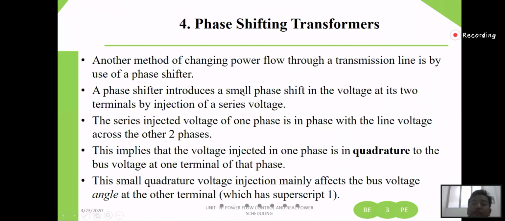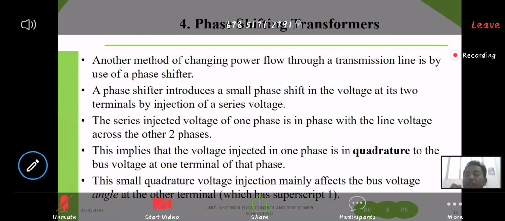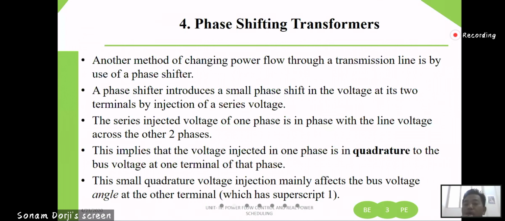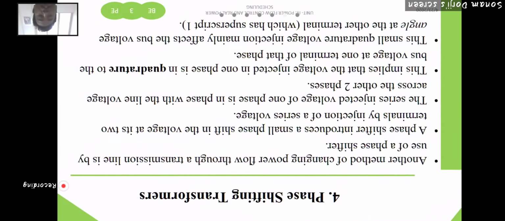Now come back to the phase shifting transformer. How will this phase shifting transformer be used to control or change the power flow in a transmission line? Actually, this phase shifting transformer is another method of changing the power flow through a transmission line. The first method you have seen is series compensation.